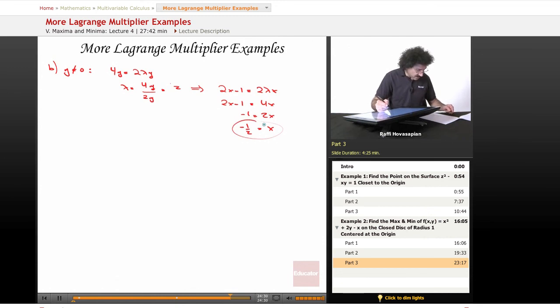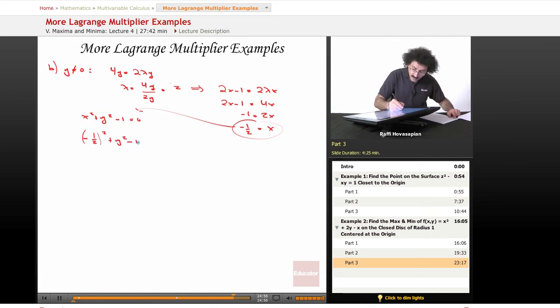So when x equals minus 1/2, now I put that into my x squared plus y squared minus 1 equals 0. I'm going to end up with the following. It's going to be (-1/2) squared plus y squared minus 1 equals 0.